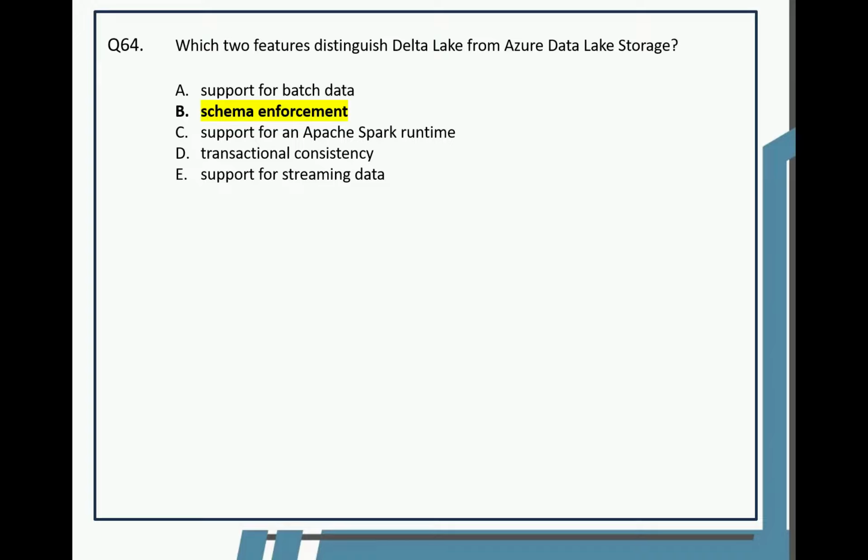It prevents accidental schema changes or bad data, whereas ADLS is just storage and doesn't enforce schema. Now, Delta Lake also provides ACID transactions, ensuring transactional consistency. It ensures reliable reads and writes and prevents data corruption, whereas ADLS alone does not provide transactional guarantees.